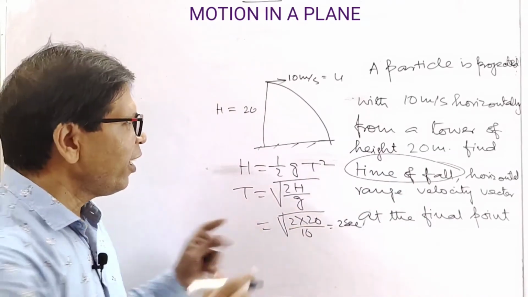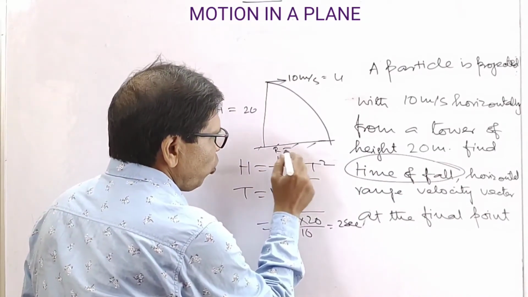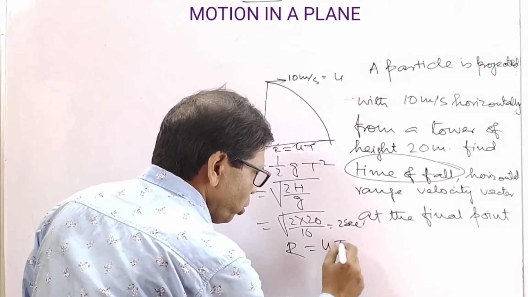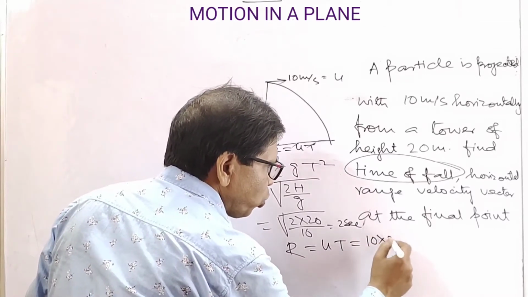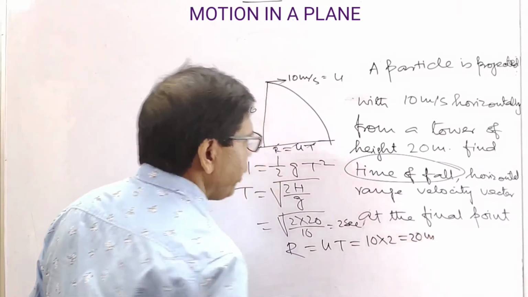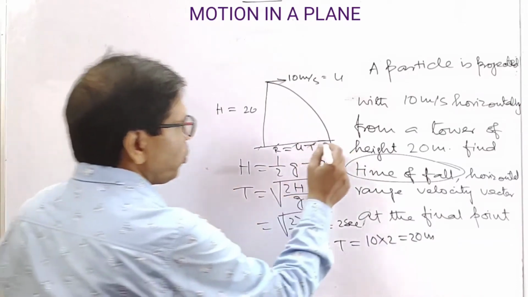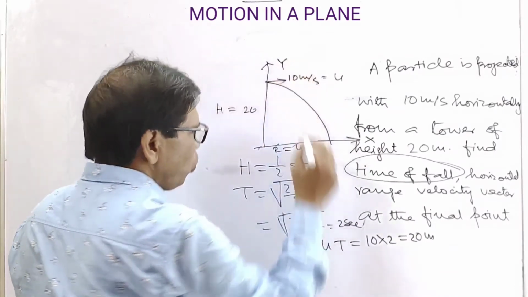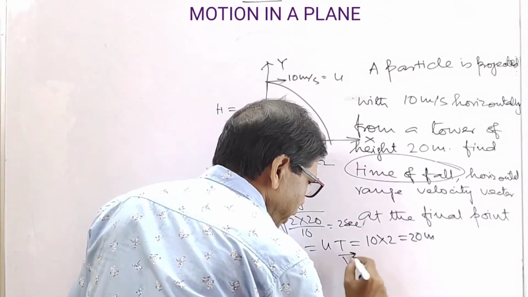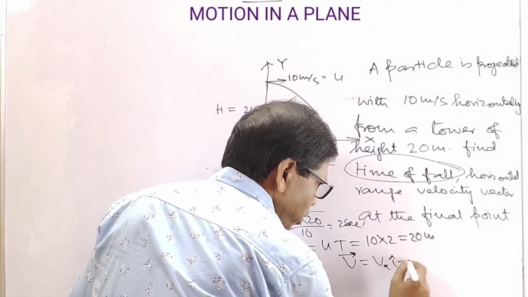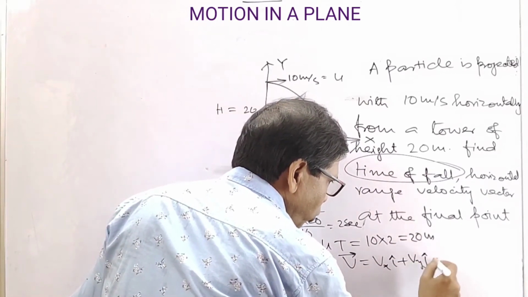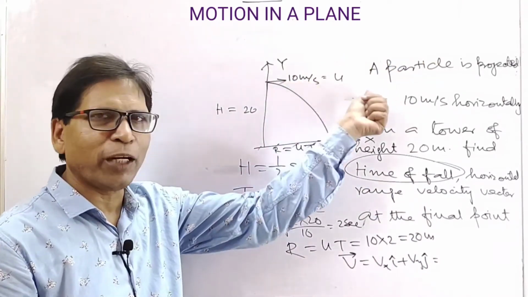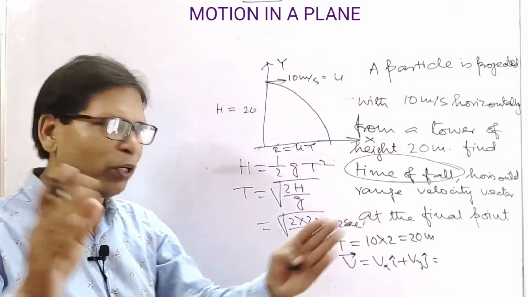What is the horizontal range? The horizontal distance R equals the horizontal component of velocity into time. So R equals u into t, with u 10 and t 2. So this is 20 meter. Now the velocity vector. Suppose this is the x-axis and this is the y-axis. So the velocity vector v equals vx i cap plus vy j cap. Now vx is the same, equal to 10 meter per second, the horizontal component of velocity.